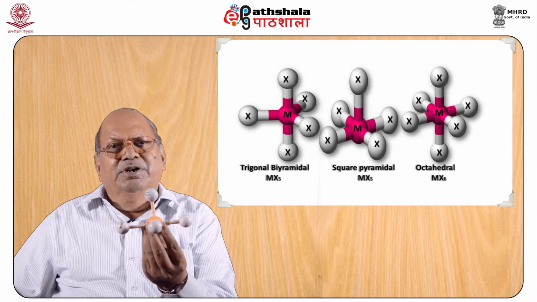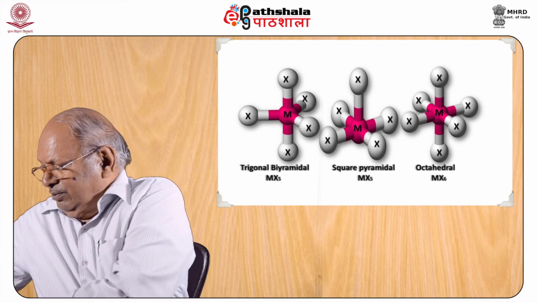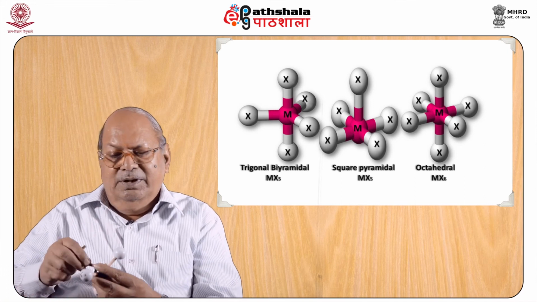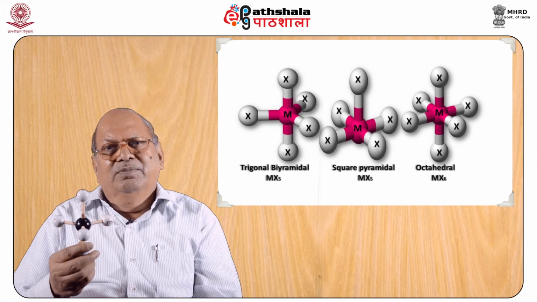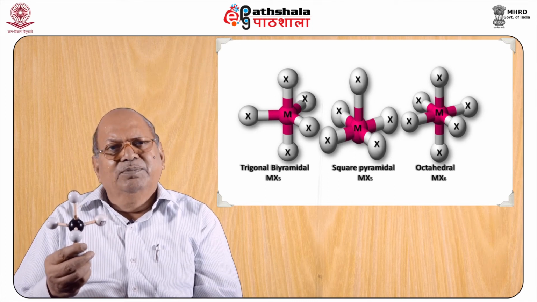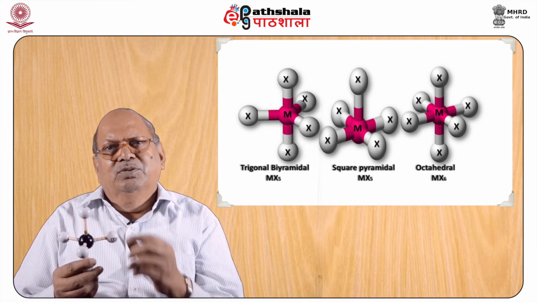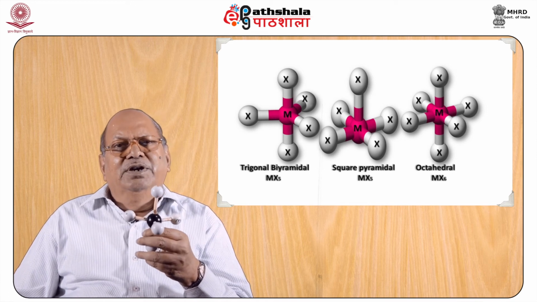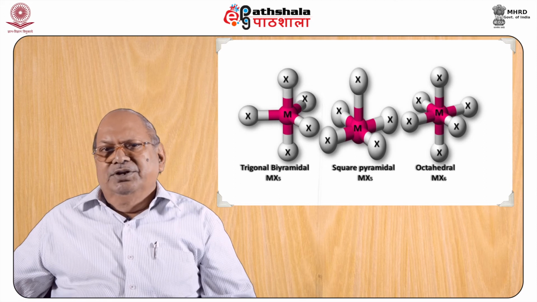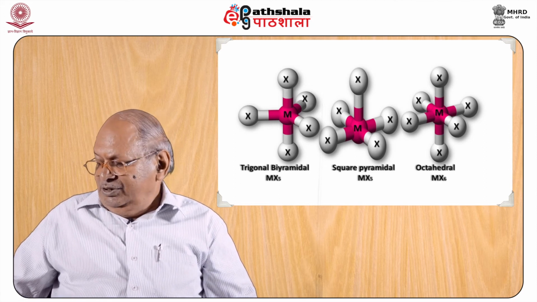This is a square pyramidal MX5 molecule, and this is a trigonal bipyramidal MX5 molecule. Like this, it is necessary that you should be well aware of the shapes of the various molecules before going into the scheme of classification.